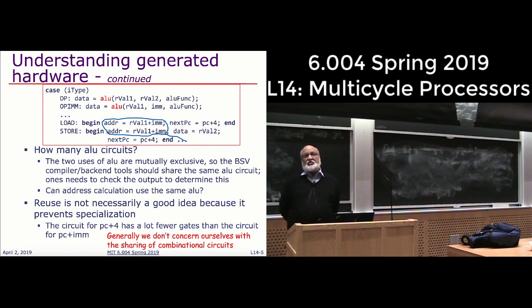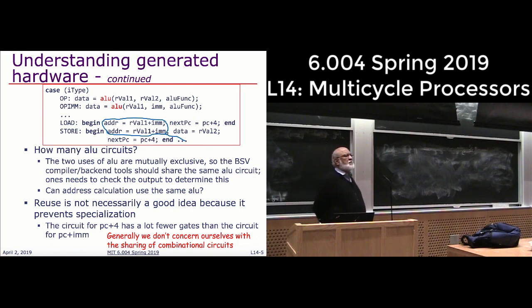Should we share the same ALU or not share the same ALU for doing this address calculation? Now, what is important to notice here is reuse is not necessarily a good idea. Why are we doing reuse in circuits? Anyone? Why would you want to use the ALU over and over again?